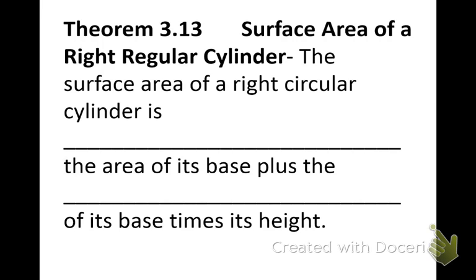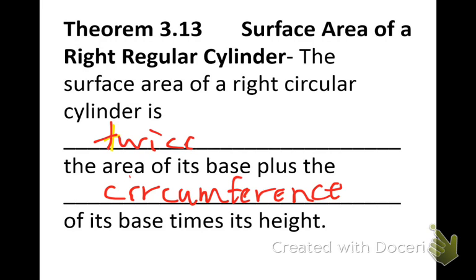The surface area of a right cylinder is twice the area of its base plus the circumference of its base times its height. So just like a prism, instead of using perimeter times height, you're using circumference times height.